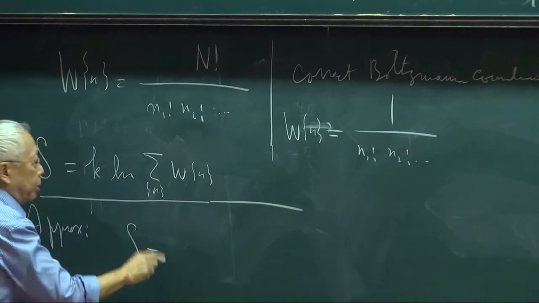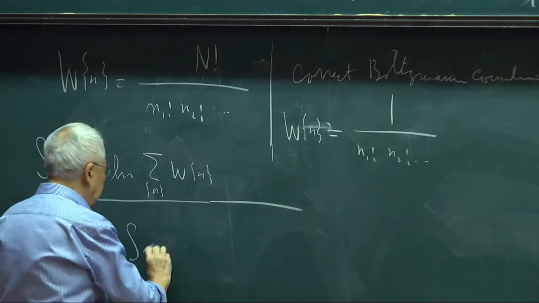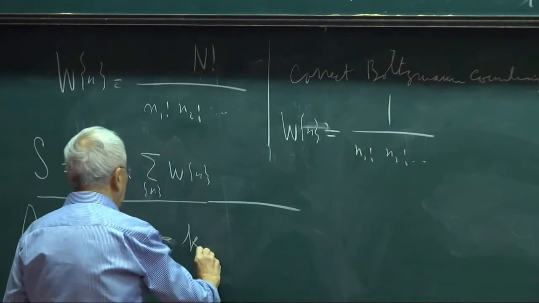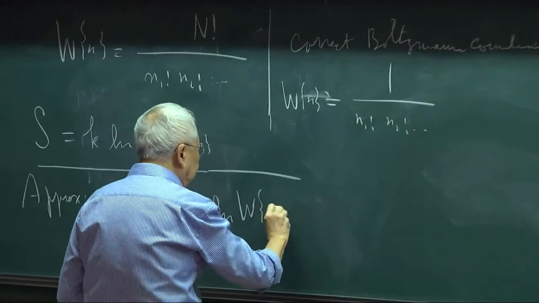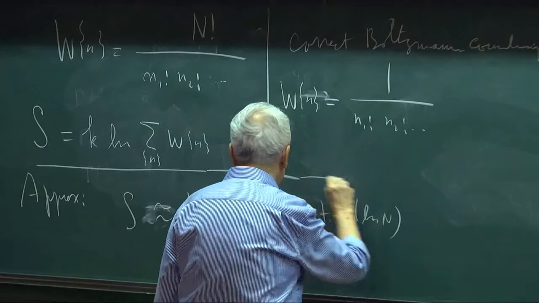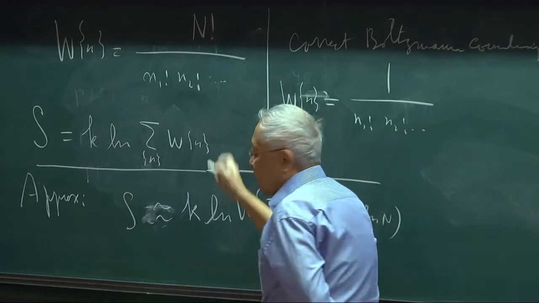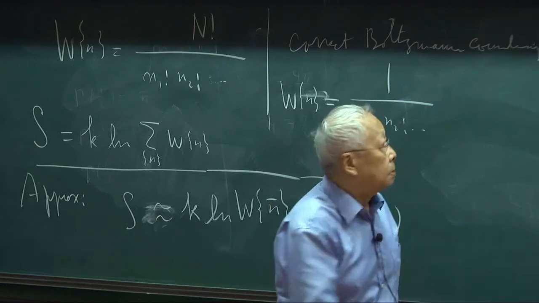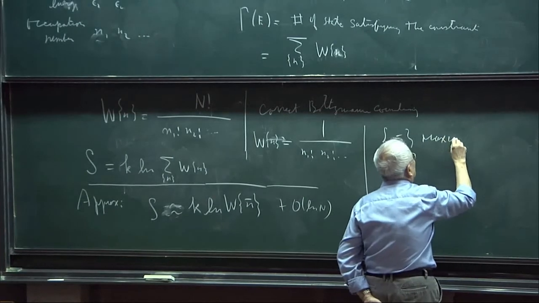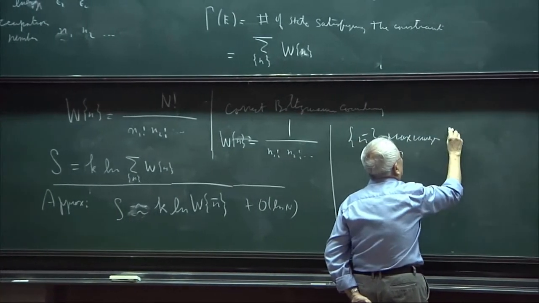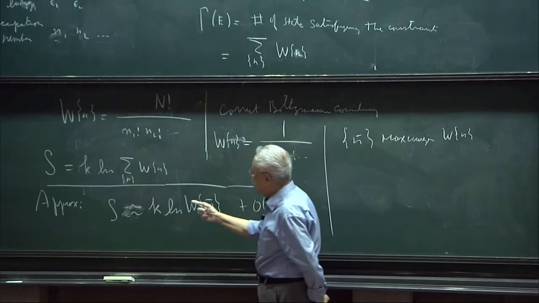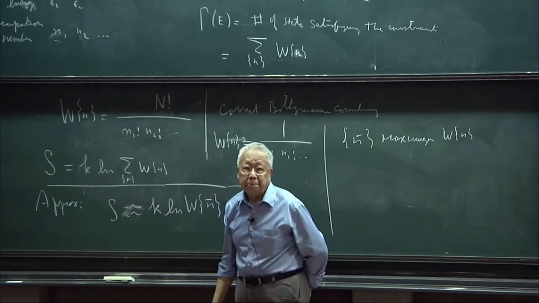That S is dominated by the largest term in the sum. S is equal to k log of omega of n bar, plus all the log terms, where n bar is the set that maximizes W. That is, you take this sum and just keep the largest term.